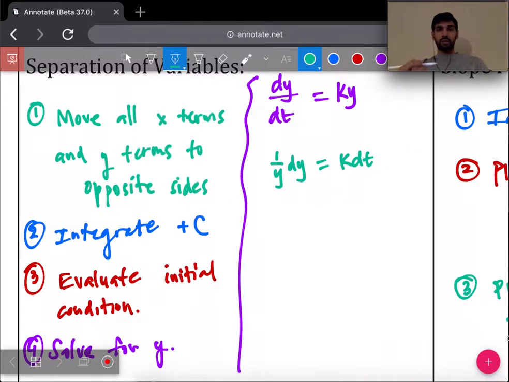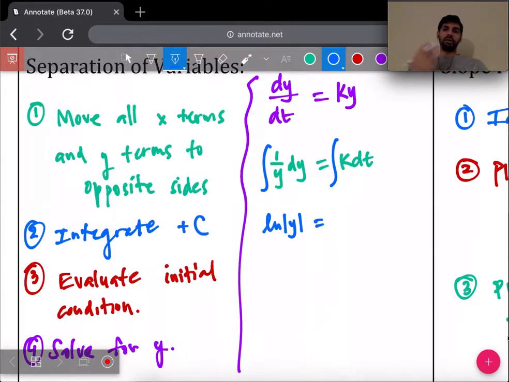The next thing we want to do, once we've separated those variables, is integrate both sides. And when I integrate, we don't want to forget about that constant, plus c. When I integrate 1 over y, that's the natural log of the absolute value of y, and then the antiderivative of a constant is that constant times the variable.